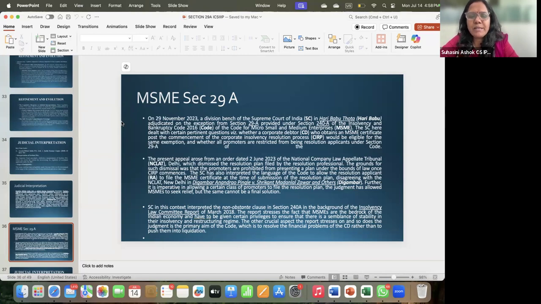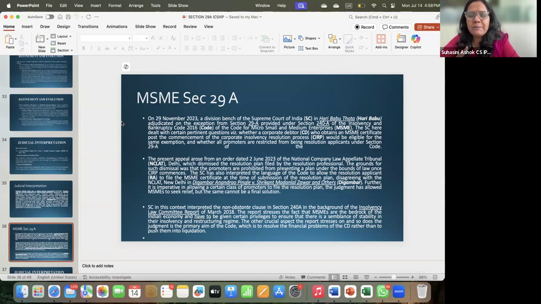In this case, the appeal went to NCLAT in June 23, where NCLAT dismissed the resolution plan submitted because the promoters are prohibited from submitting the resolution plan since the company was not an MSME when CIRP commenced.